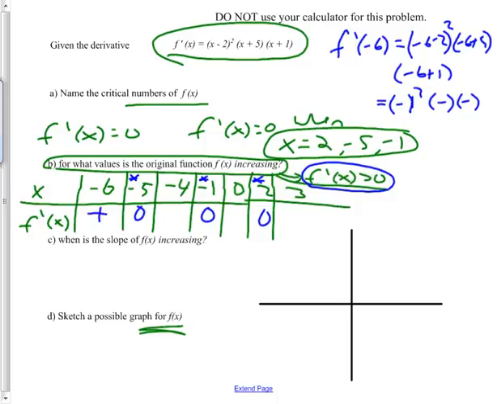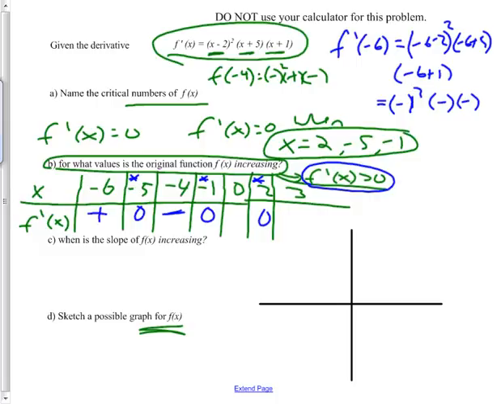What about when we plug -4 in? So f prime of -4 is a negative number squared, which is positive; -4 plus 5 is a positive number, and -4 plus 1 is a negative number. So we get a positive times a positive times a negative, which results in a negative number. What if we plug 0 in?